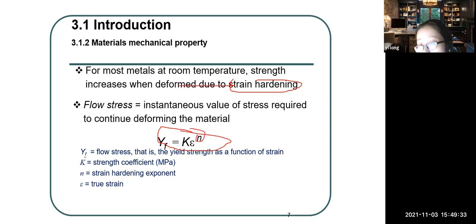Y is the flow stress, K is the strength coefficient, so it's a constant. n is also constant, the strain hardening exponent. So actually the only things that change are this one and this one. You simply change these 2. Correct, right?